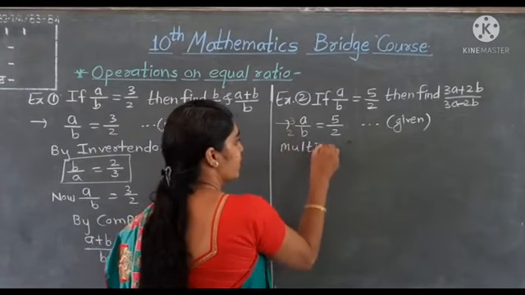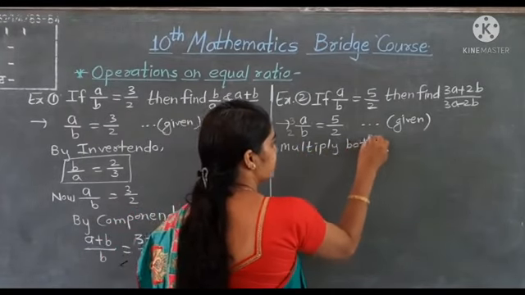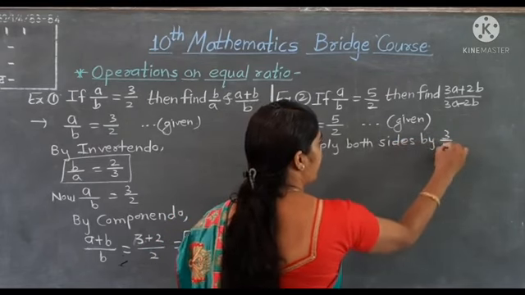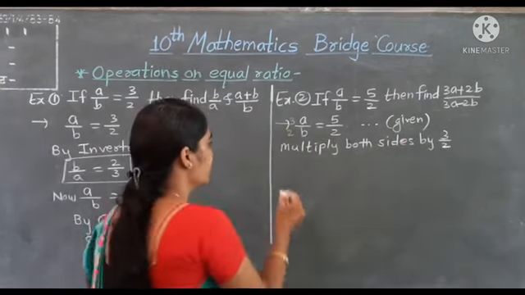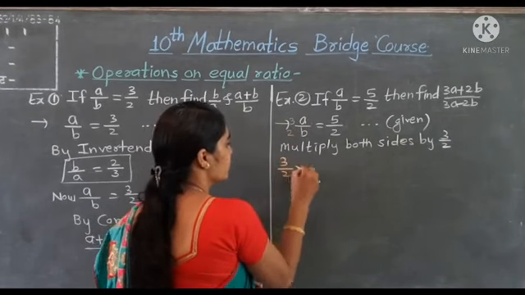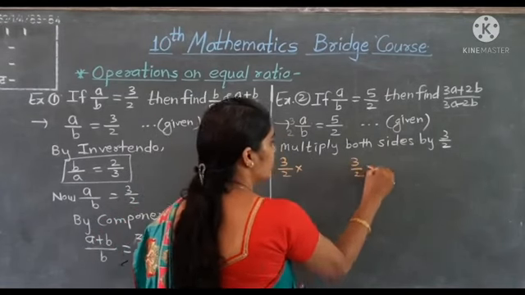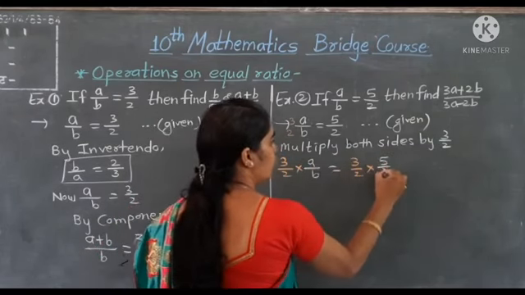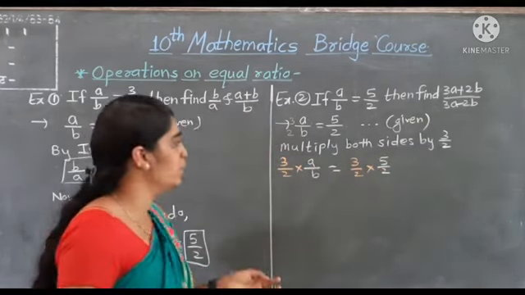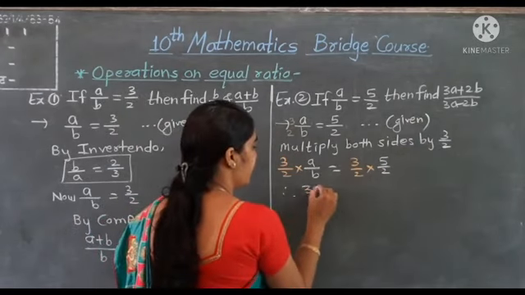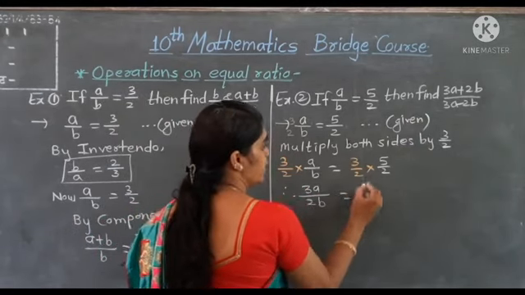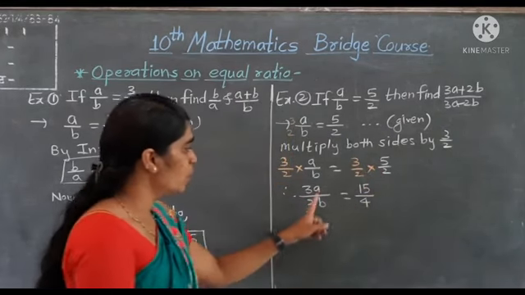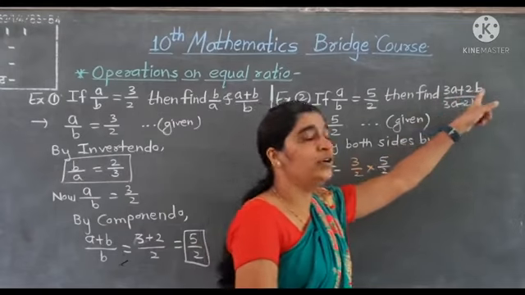Multiply both sides by 3 by 2. What do we get? A upon B and 5 upon 2, you multiply by 3 by 2. We get 3A upon 2B is equal to 5 threes are 15 upon 4. Okay, we get the bases 3A and 2B.